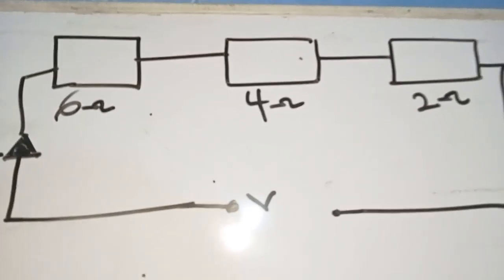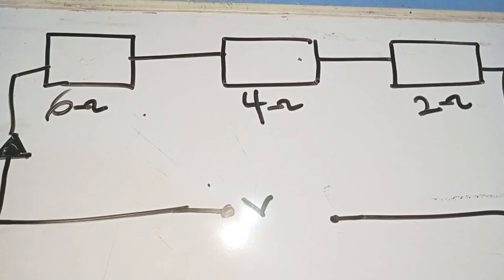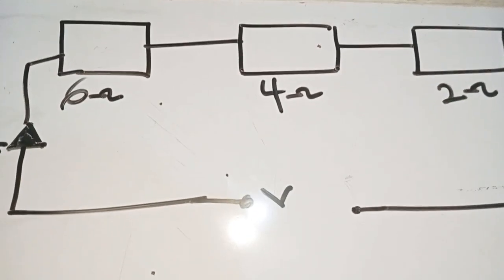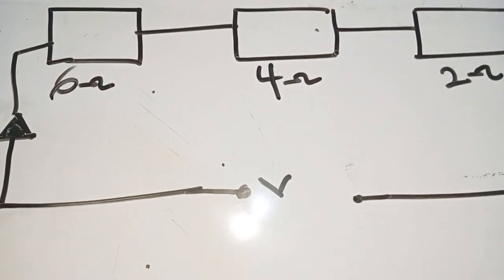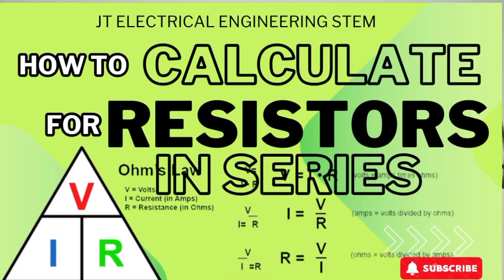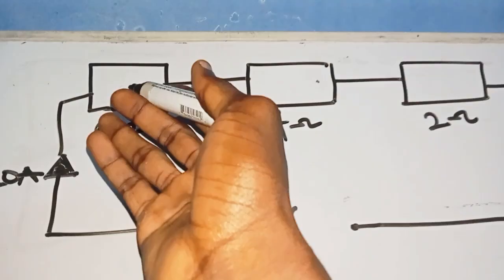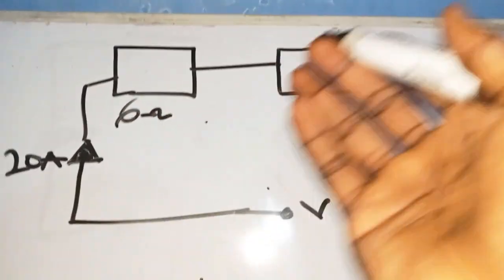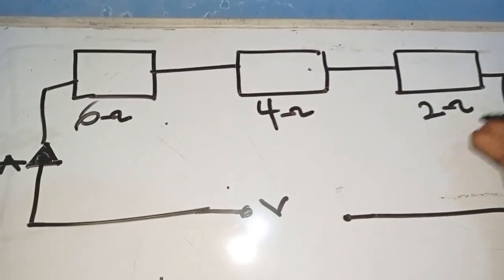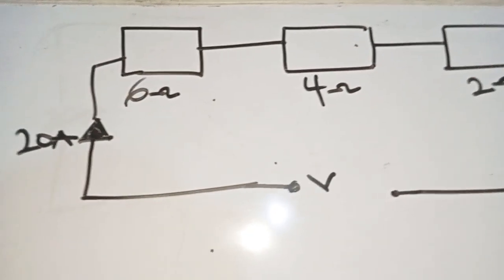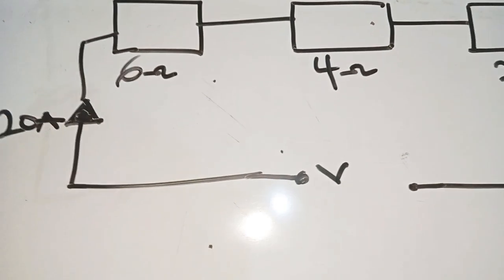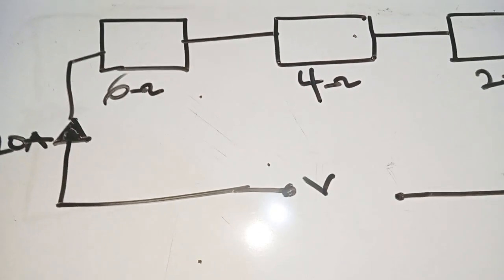If you haven't understood that, you can go to my previous video. Here we have resistor 1, resistor 2 and resistor 3. To find the total voltage, we have to sum the resistors together first.